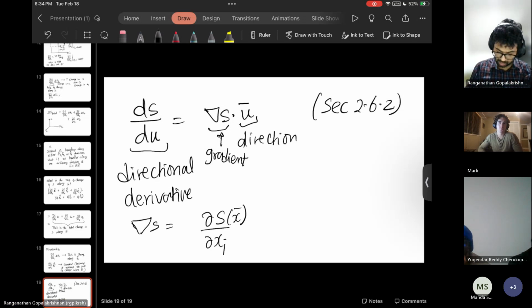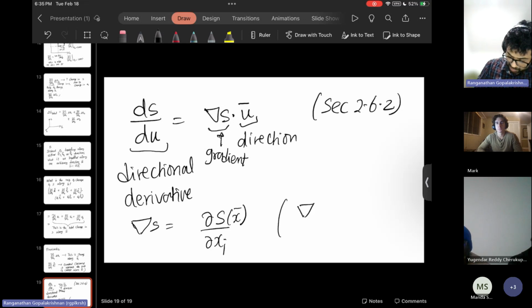One thing we can generalize here is the gradient operator, which is defined as partial over partial xi.